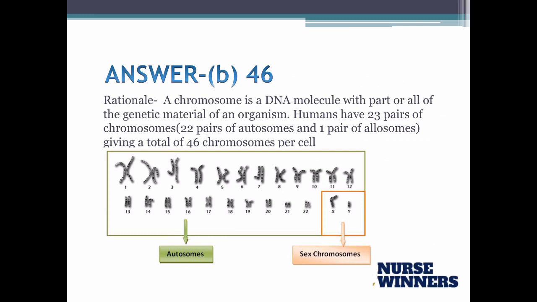Humans have 23 pairs of chromosomes, wherein 22 pairs are autosomes and 1 pair is allosome, giving a total number of 46 chromosomes per cell. Autosomes are body chromosomes and allosomes are sex chromosomes.